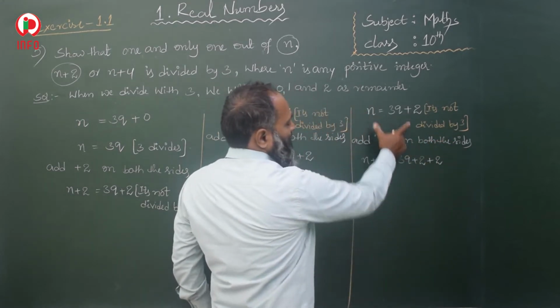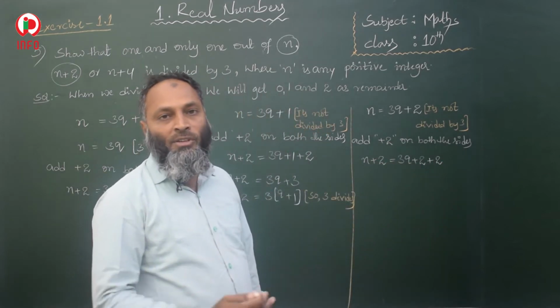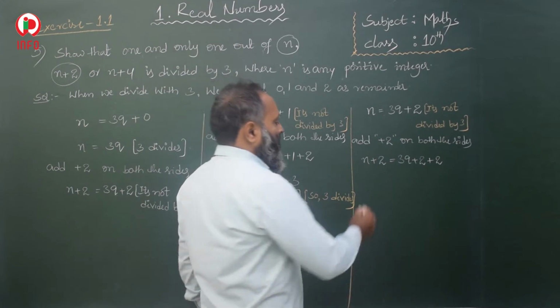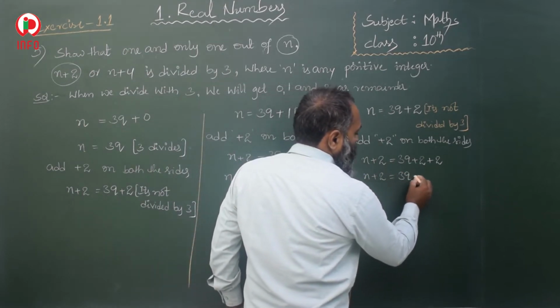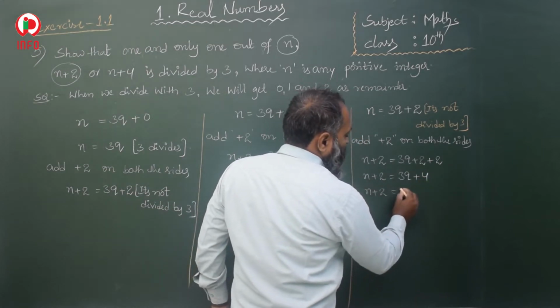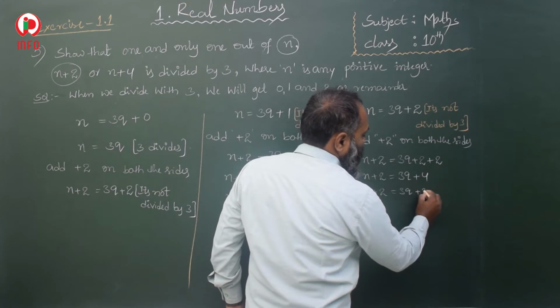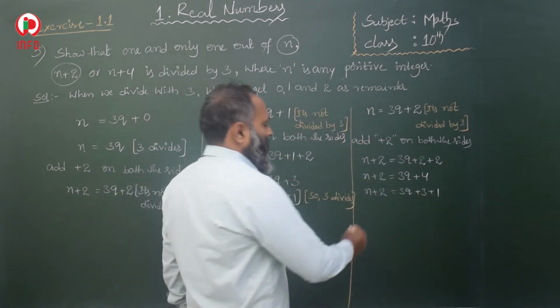So we should take this as it is, plus 2 on both sides, that is n plus 2 is equal to 3q plus 2 plus 2, 4. n plus 2 is 3q plus 4, and how to take 4, that is 3 plus 1, 3 plus 1 is 4, then n plus 2.